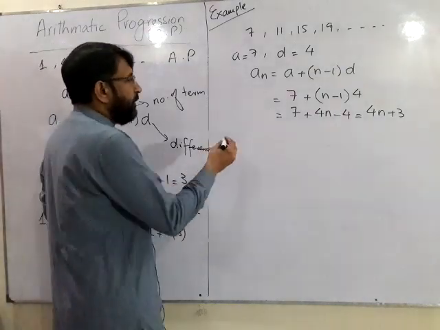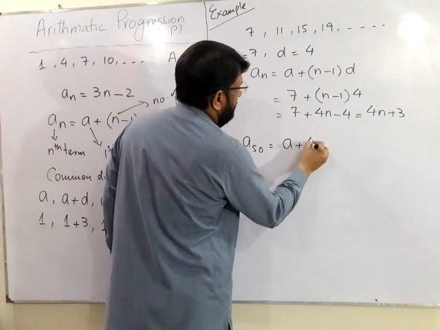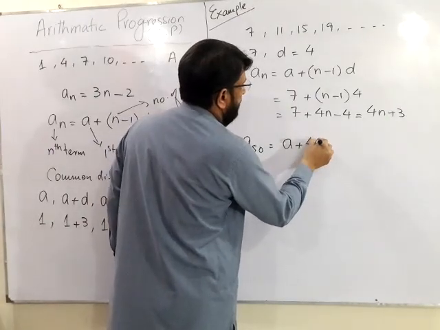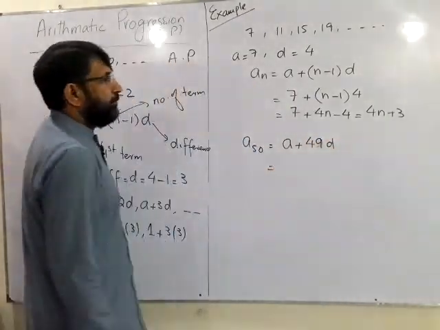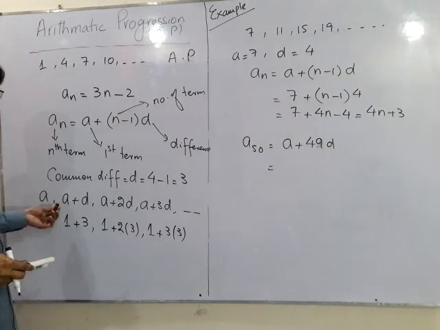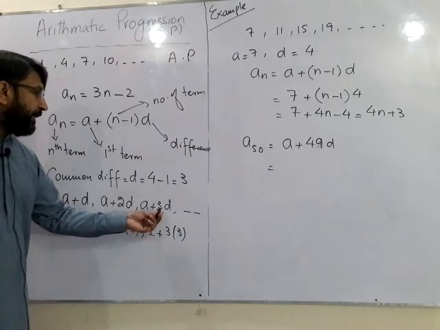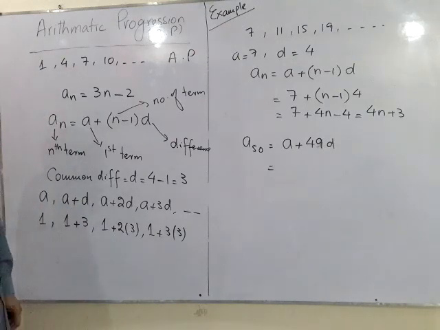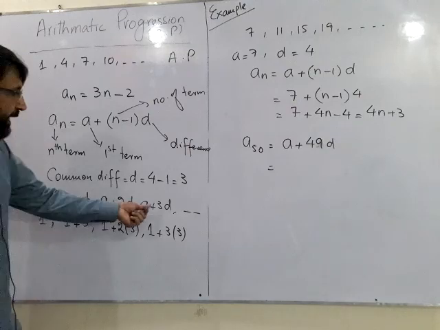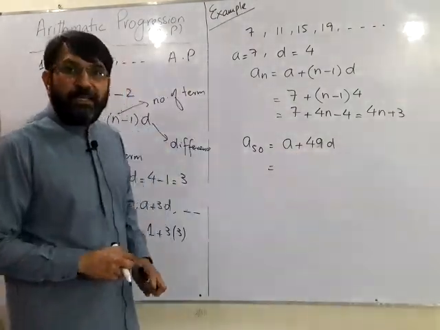Similarly, if someone asks you to find the 50th term, we can write it as a plus 49d. As you see here, the first term has 0 multiplied by d, the second term 1 multiplied by d, the third term 2 multiplied by d, and the fourth term 3 multiplied by d. So it is 1 less than the number of terms. This is the 50th term, so we write 49d.